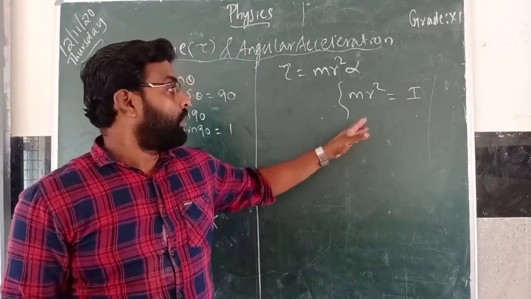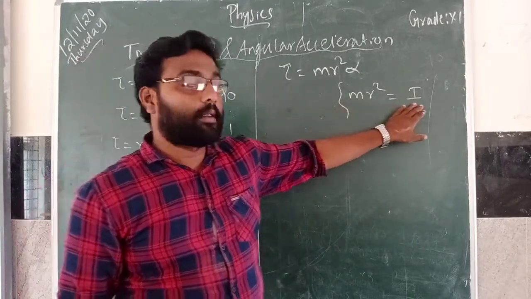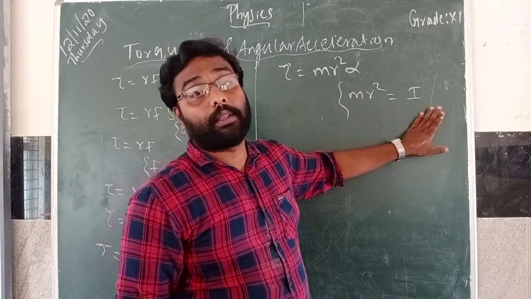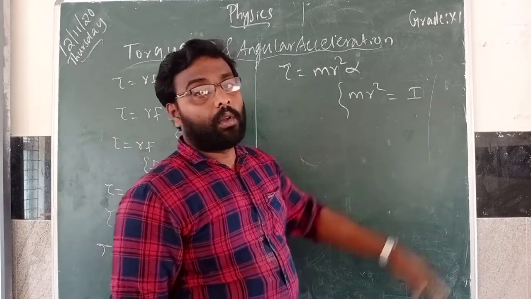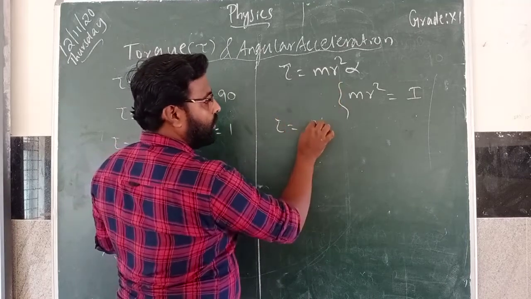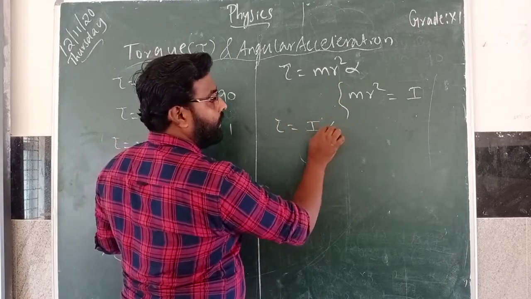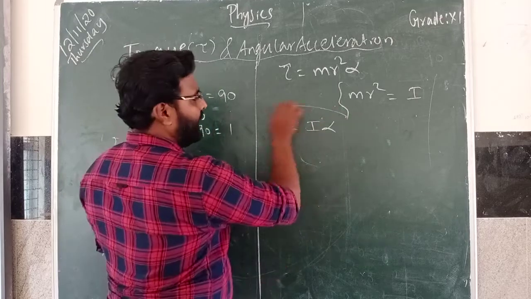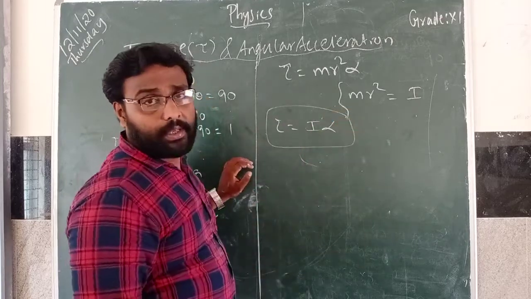The moment of inertia formula is I is equal to m r square. So torque is equal to I alpha. This is the formula we are using.